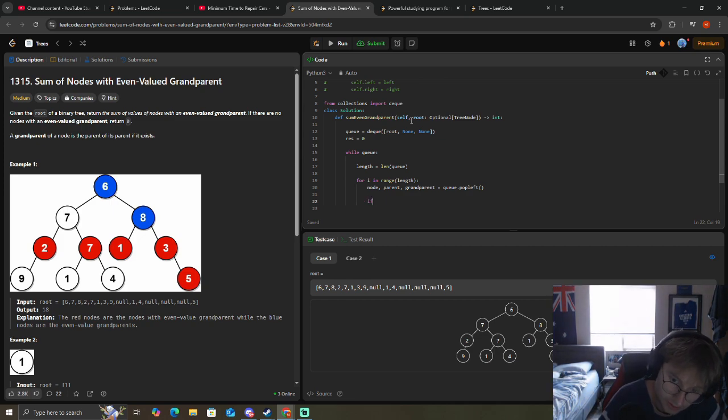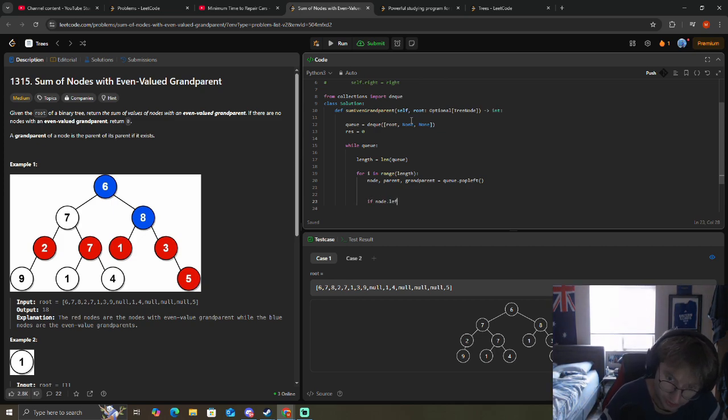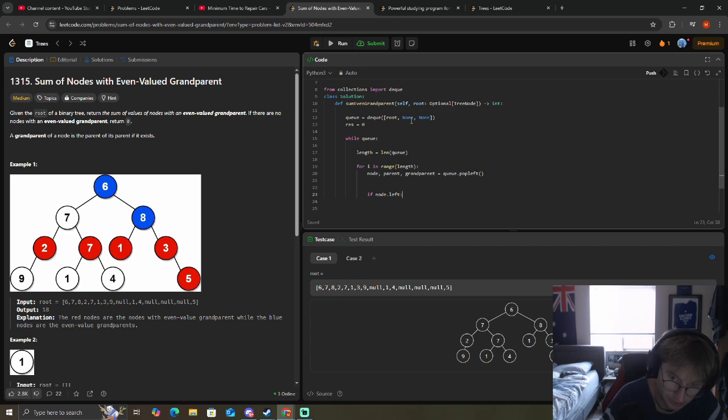So we would do, well, if node dot left, right, we do q dot append current root, which would be node dot left, right, and then we'd append the parent, which would be the node, right.